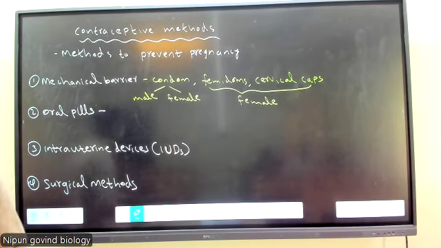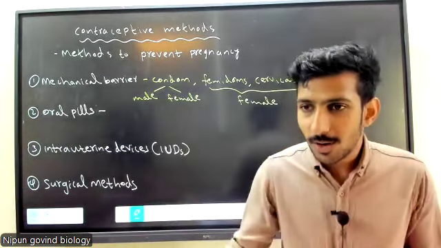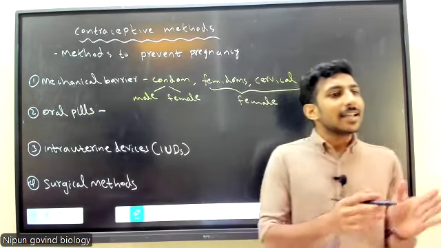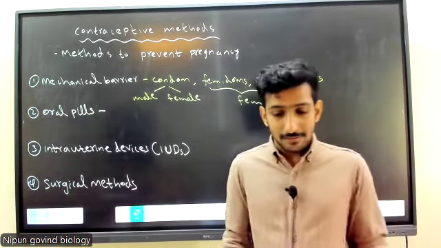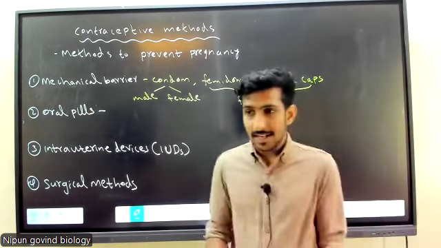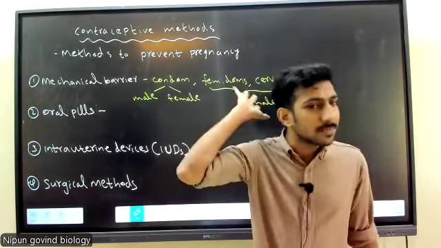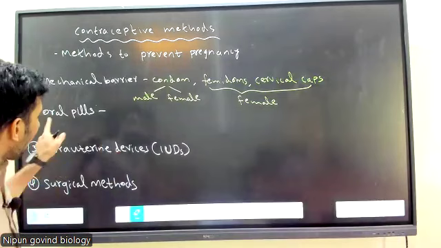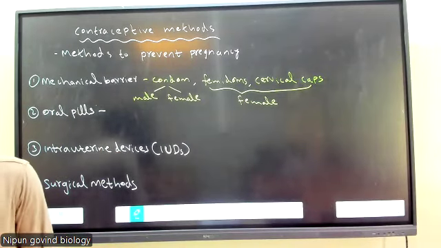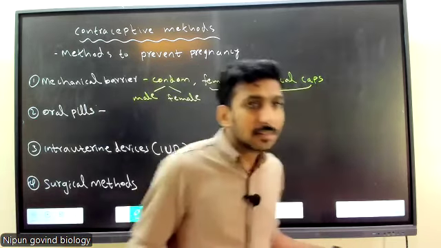What does the husband do? He will buy oral pills and give them to her. In case of condom failure or any emergency condition, you can take oral pills within 72 hours. After 72 hours there is no use. Got it?